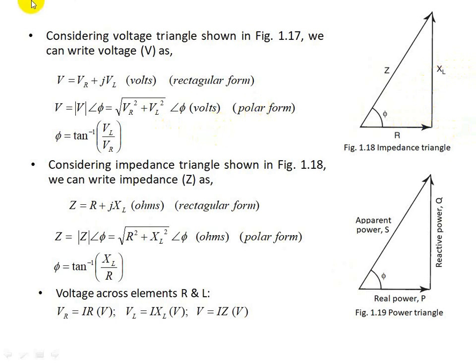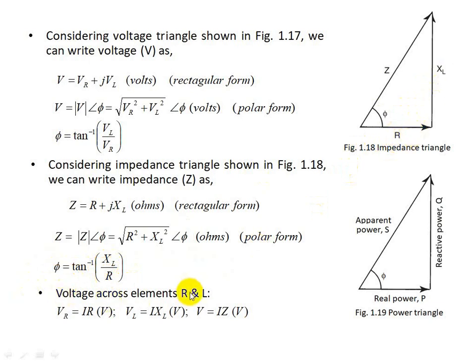So in polar form, Z can be written as the magnitude of Z at an angle phi. The magnitude of Z is the square root of R square plus XL square. Phi is nothing but the phase difference between the voltage and current, so phi is tan inverse of XL by R, that is, the opposite side by the adjacent side.